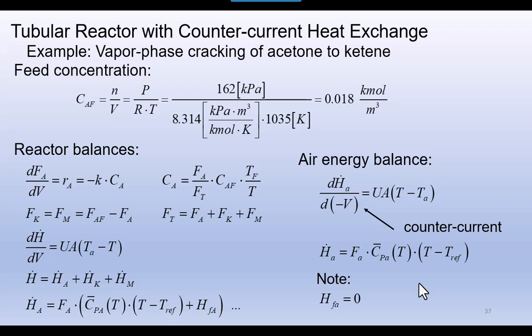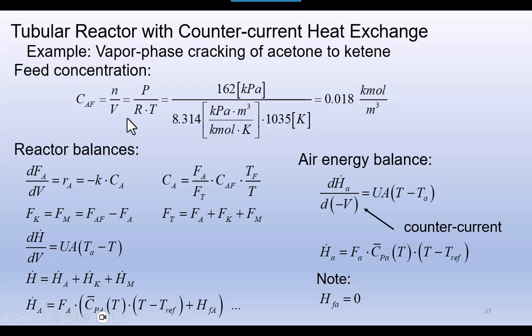The pressure is about 1.6 atmospheres. And so the ideal gas law would be relatively valid. And so we can calculate, for instance, the feed concentration in terms of kilomoles per cubic meter. All right, because that feed concentration is all acetone.